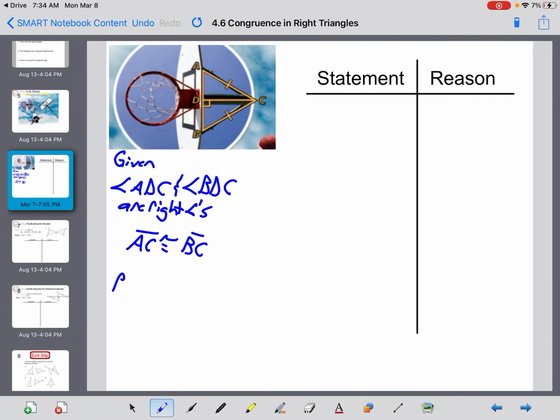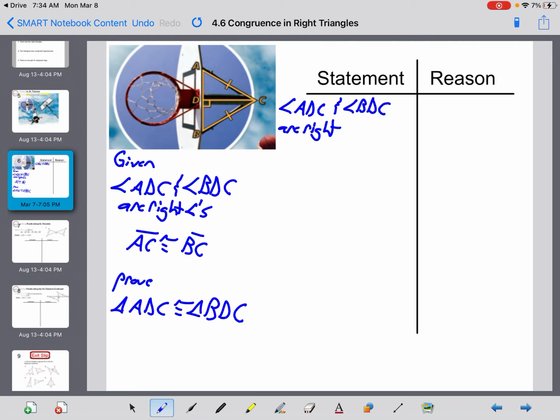Okay, we are trying to prove that triangle ADC is congruent to triangle BDC. So your givens, we're going to put here: angle ADC and angle BDC are right angles, which was a given. Also, AC is congruent to BC, was a given.